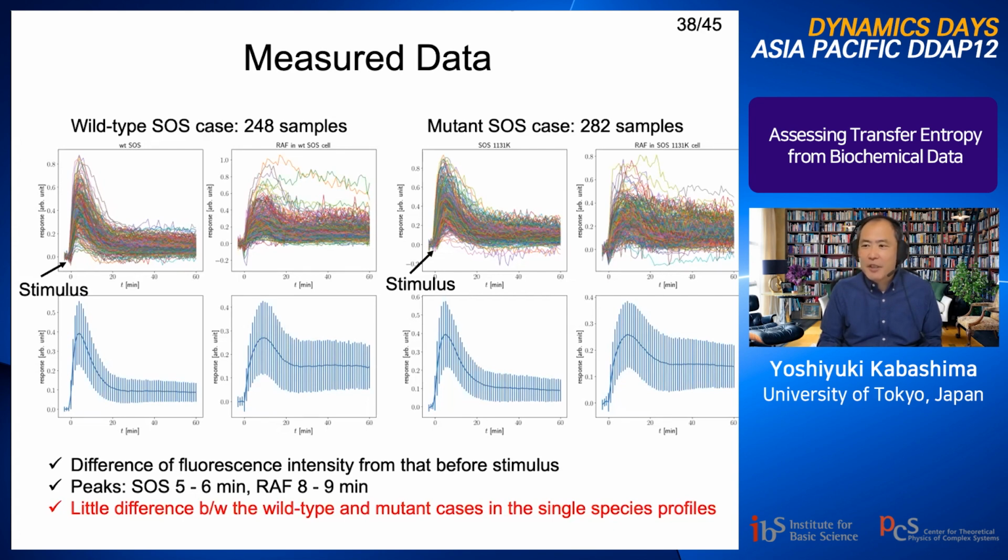Probably for stationary cases, maybe we can apply this method, for example the nervous system, or maybe the climate system, if we can regard the system as stationary. But a problem similar to the one we showed here is a bit difficult to find. So we are now looking for such targets.